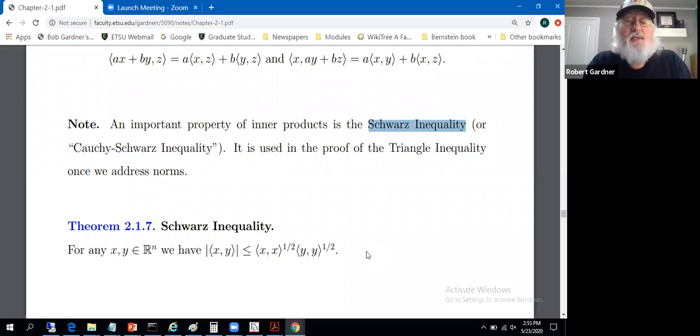Schwarz's inequality says, this is the exact same thing it says in sophomore linear algebra: take vectors x and y in R^n. The absolute value of the inner product of x and y is less than or equal to the square root of the inner product of x with itself times the square root of the inner product of y with itself. Well, maybe in sophomore linear algebra, you used dots and dot product notation.